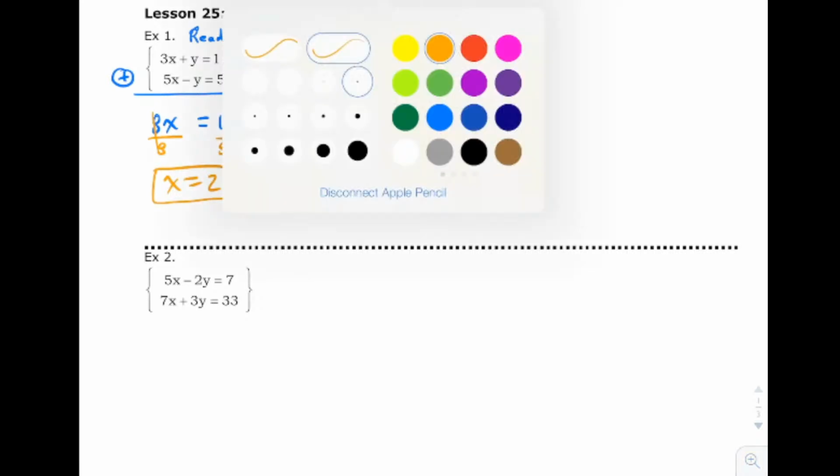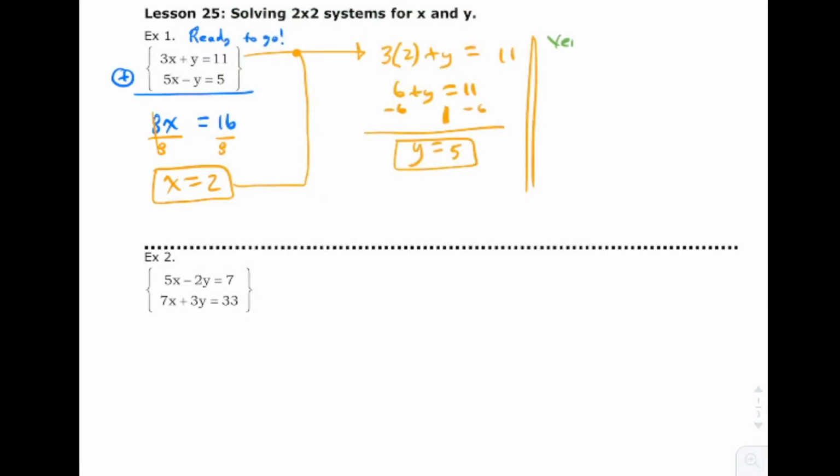Let's verify. Let's make sure this really is a solution. You're saying 3x plus y equals 11. That's the top equation. 3 times x is 2 plus y is 5. Does that really equal 11? And it does, because that's 6 plus 5 equals 11. It works just great. Now the thing is, you have to check in the other equation too. So 5x minus y equals 5.